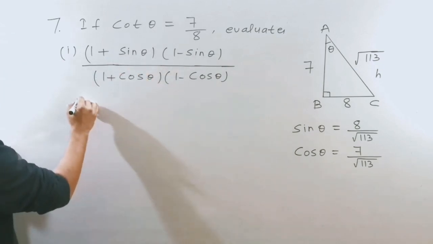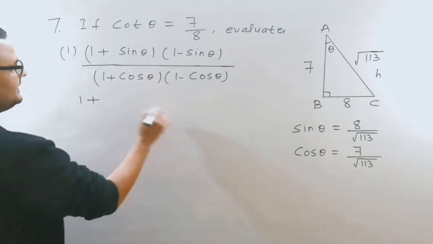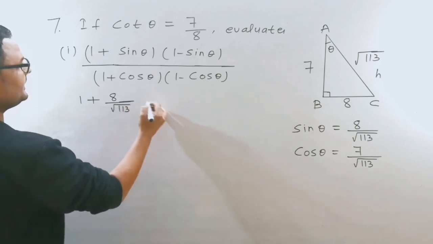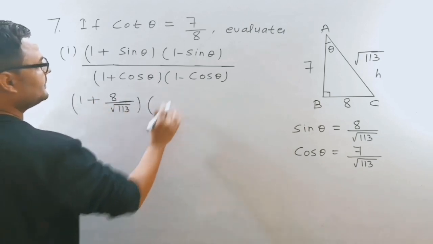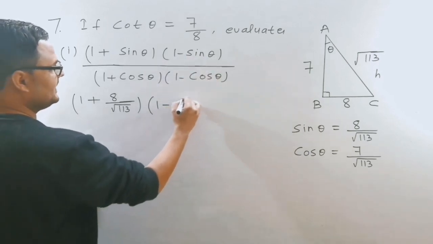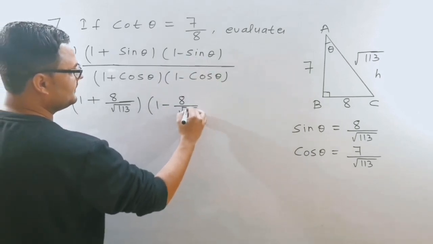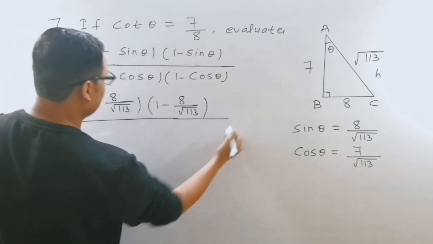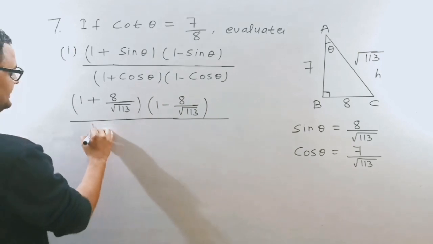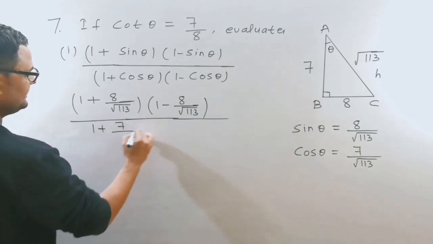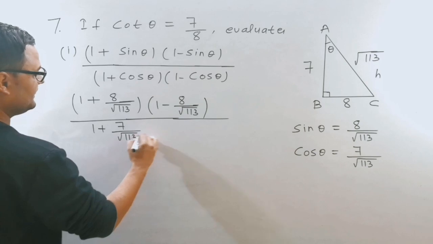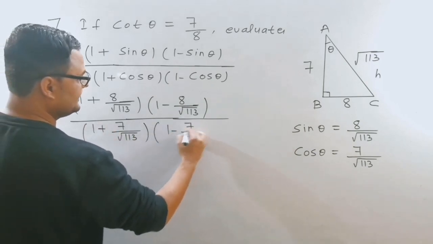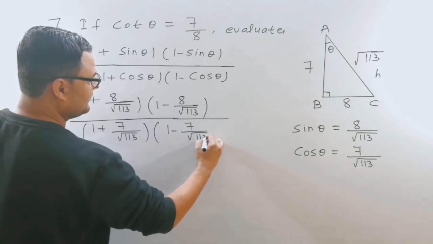So 1 plus sin theta, 1 plus 8 by root 113, into 1 minus sin theta, so 1 minus 8 by root 113, divided by 1 plus cos theta, 1 plus 7 by root 113, into 1 minus 7 by root 113.